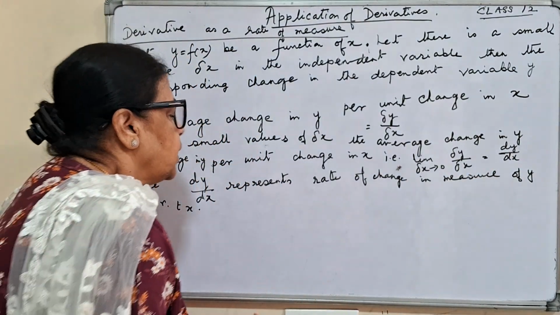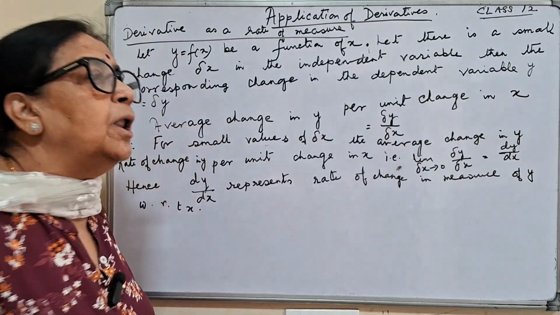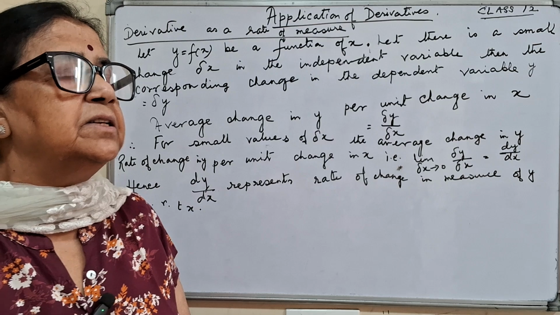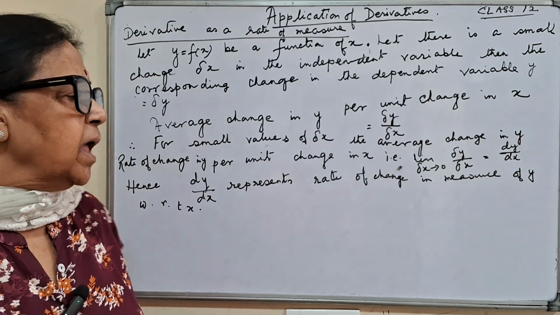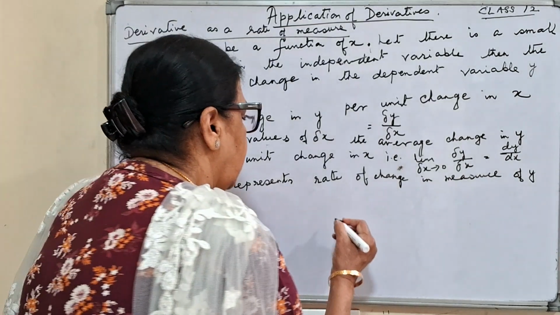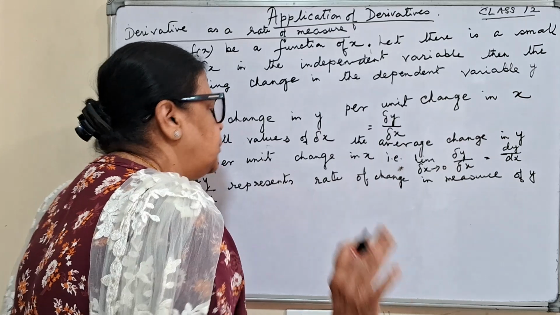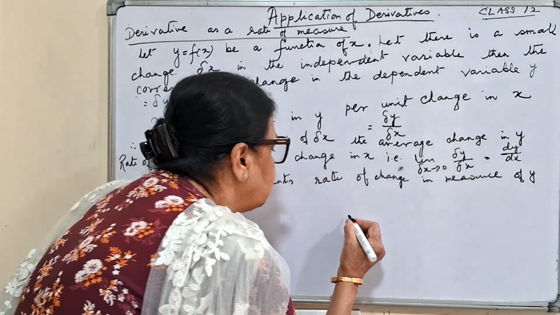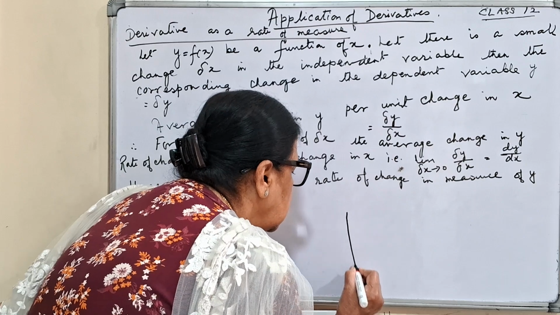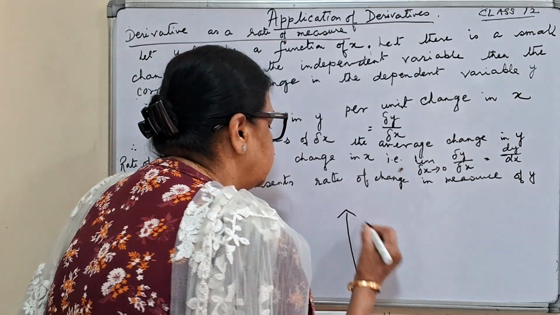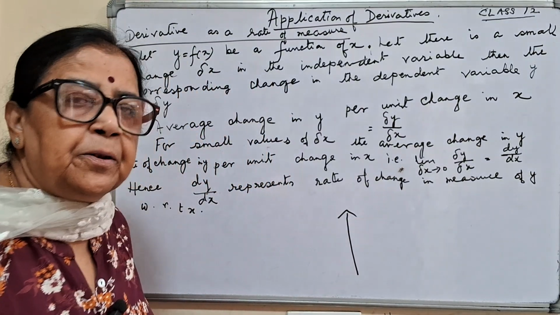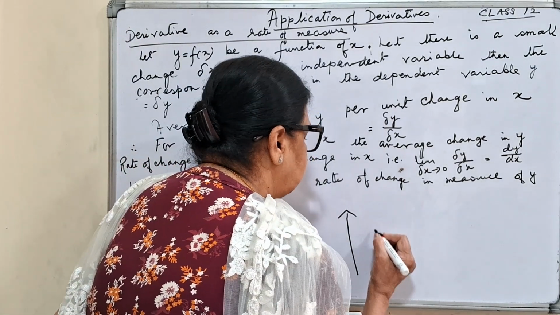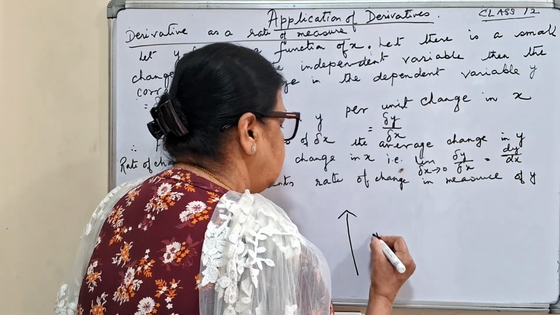Now, can you give me an example of something that is changing? Suppose, thinking of daily life, the cost of petrol is increasing. Therefore, the quantity of petrol will be decreasing.